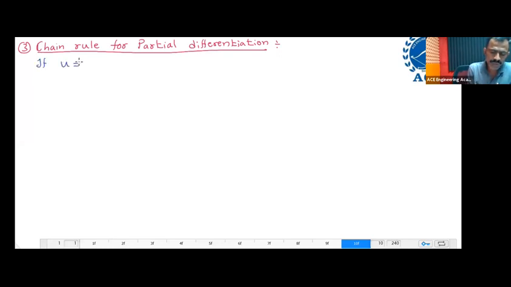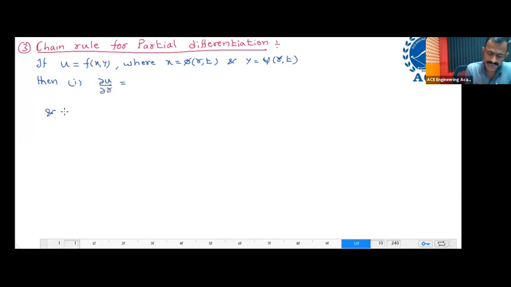If u equal to f of x comma y, where x equal to phi of r comma t and y equal to psi of r comma t, then the first result is dou u by dou r equal to, and the second result is dou u by dou t equal to.